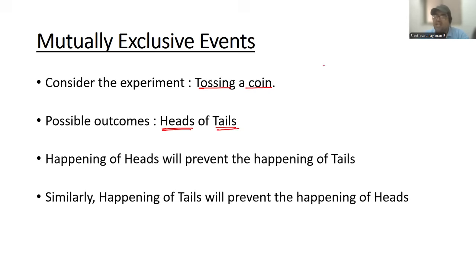In that scenario, if the events are mutually exclusive, what is the probability that you are going to see heads and tails when tossing a coin? I will say that is equal to 0. I am defining the event heads and tails, and asking the probability that you see heads and tails.